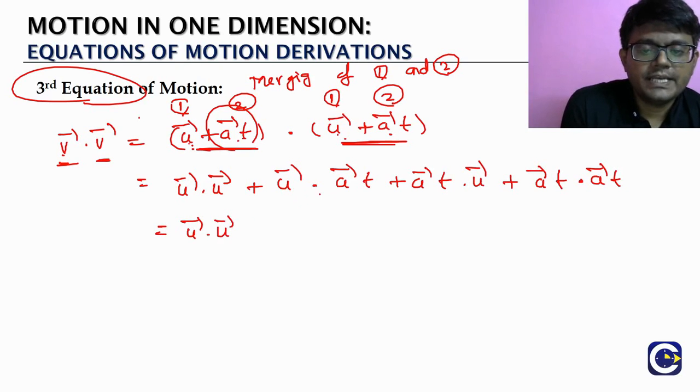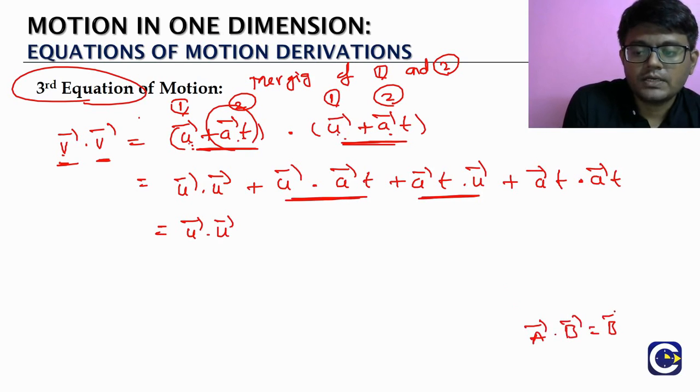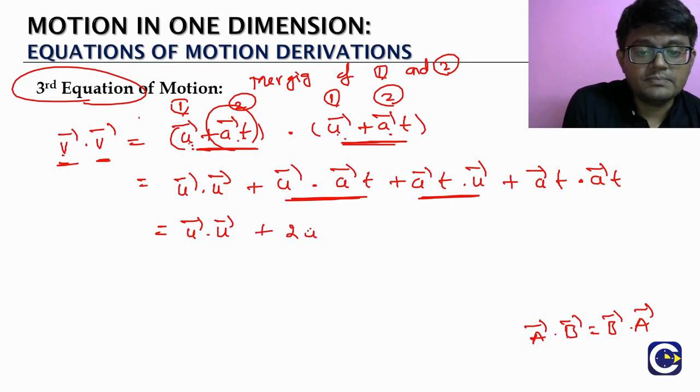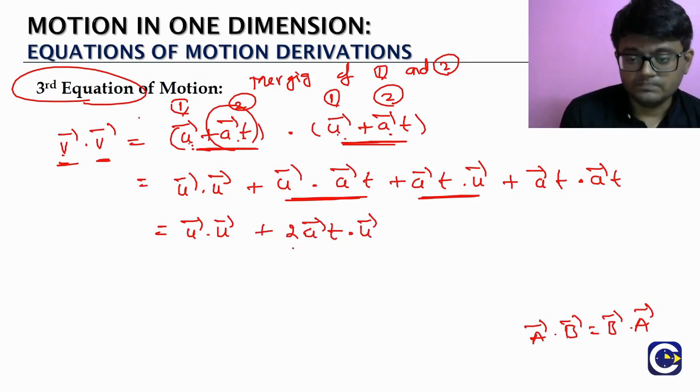So here we have u dot u. If you see the u dot at and at dot u, because we have a property of the dot product, a dot b will be equal to b dot a, means both of them give us the same value. So we will write it as 2 times at dot u. t is a scalar, we have to keep that in mind.